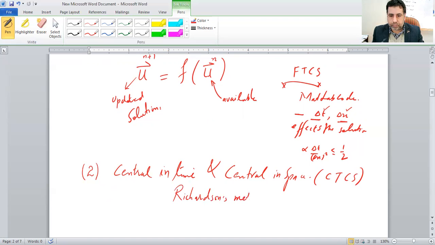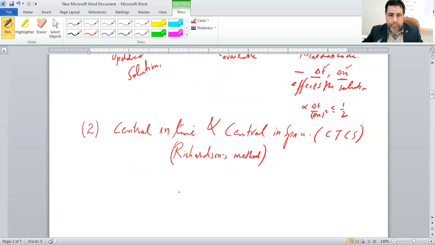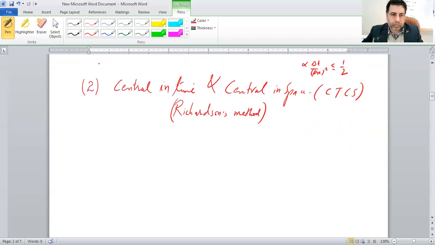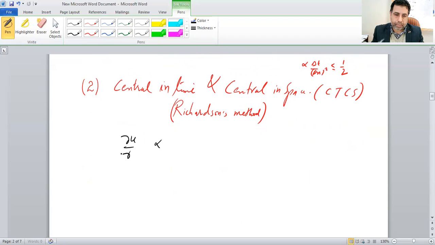Richardson's method. So let us see how we go. Same problem. So we are designing schemes for parabolic partial differential equations. The same problem: partial u by partial t equals alpha times partial squared u by partial x squared.